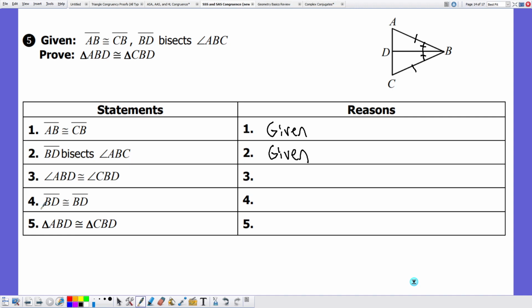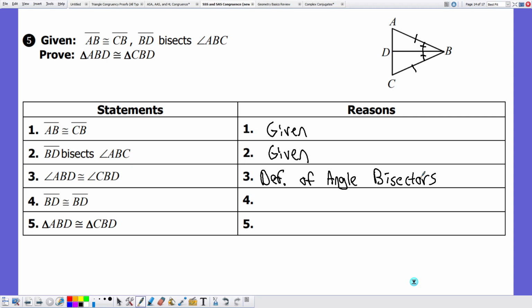Hence, that follows from the definition of angle bisectors. Because DB has bisected angle ABC, it splits it into two congruent pieces, ABD and CBD.